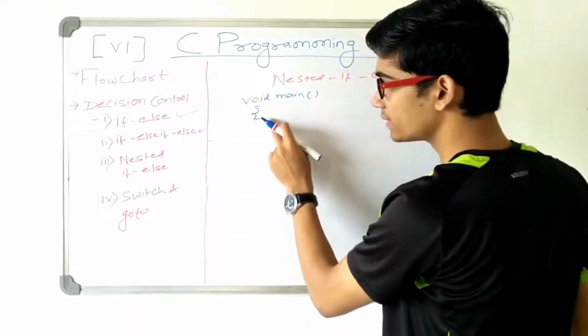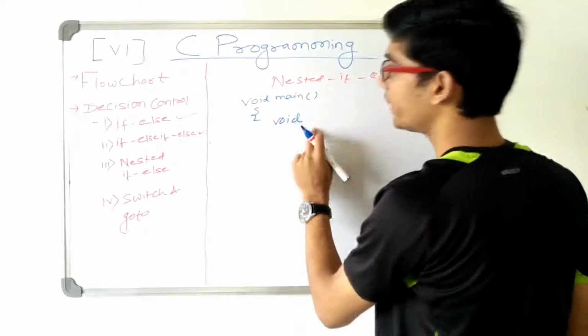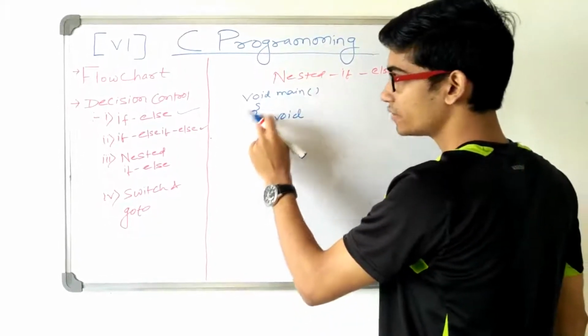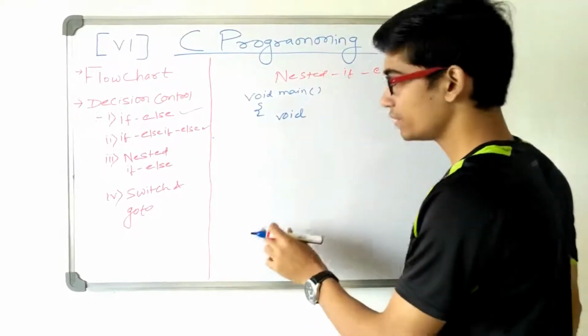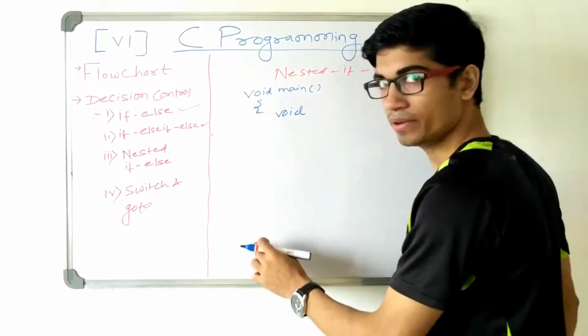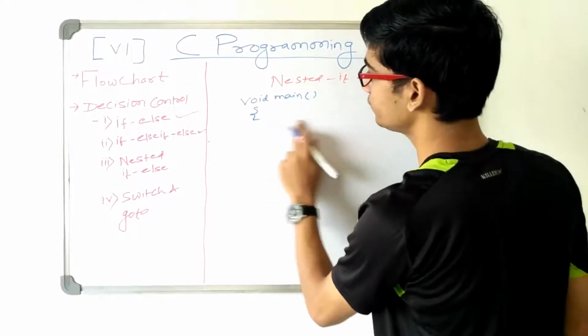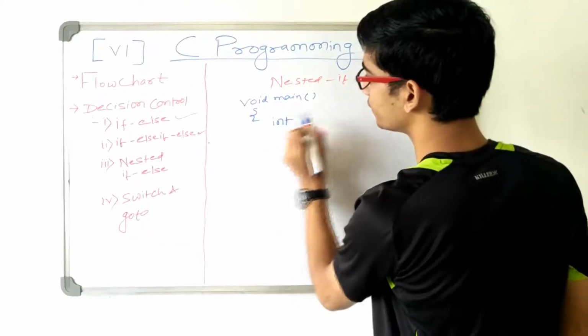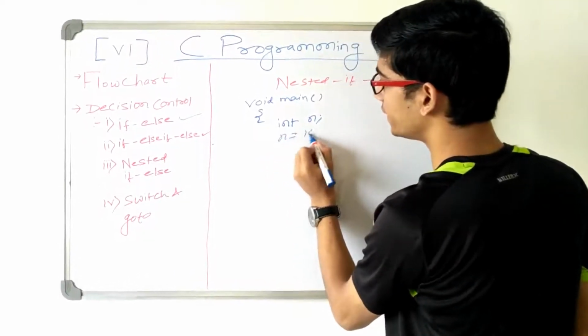Okay, I've opened the braces. Whenever I open the braces of the main function, it should always be closed. Int n, and suppose n is equal to 10.